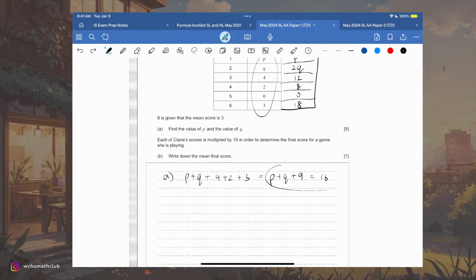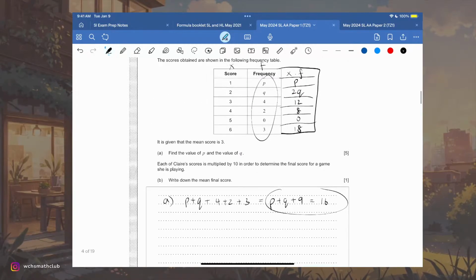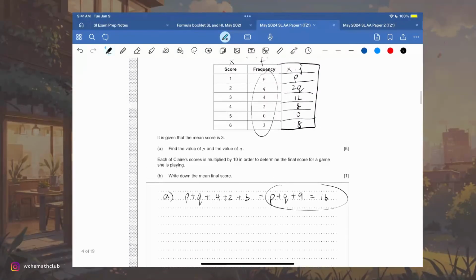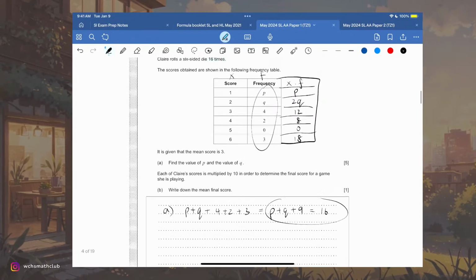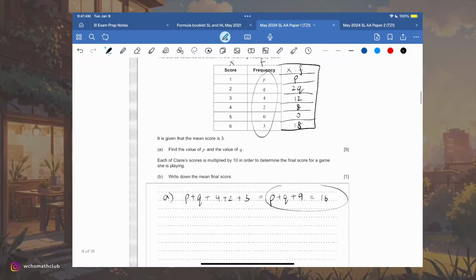Given that the mean score is 3, we add up x times f, and then divide by 16, which will give us a value of 3.